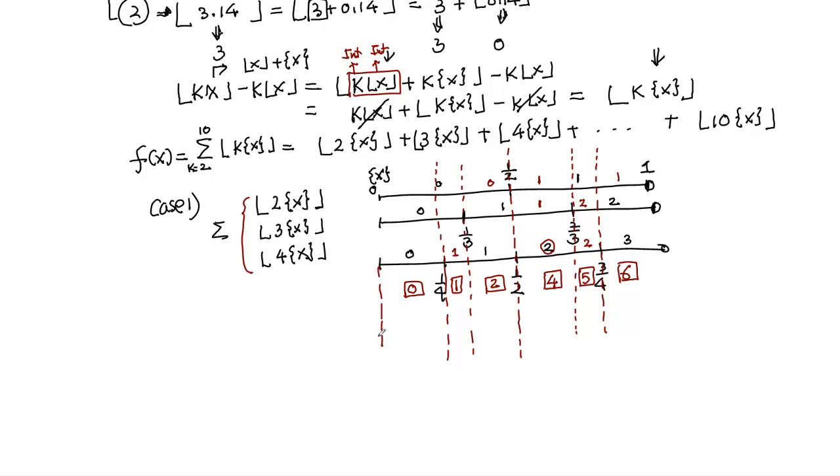How many different numbers? 1, 2, 3, 4, 5, 6 different numbers are there. How can you find these 6 numbers? You can find the spaces: 1, 2, 3, 4, 5, 6. Another way, you can also find the number of bars.